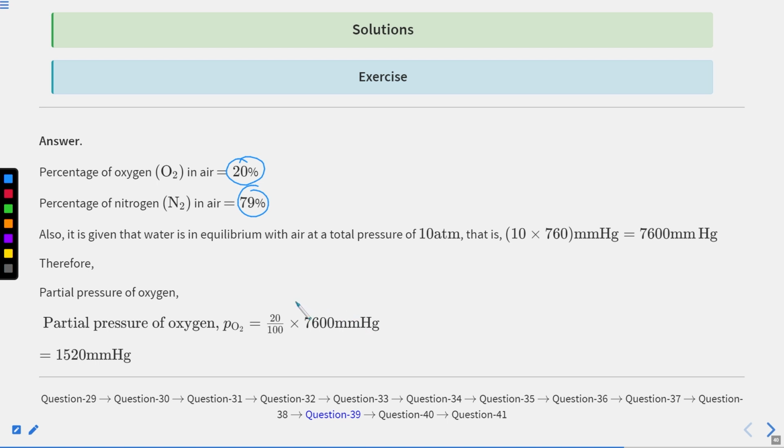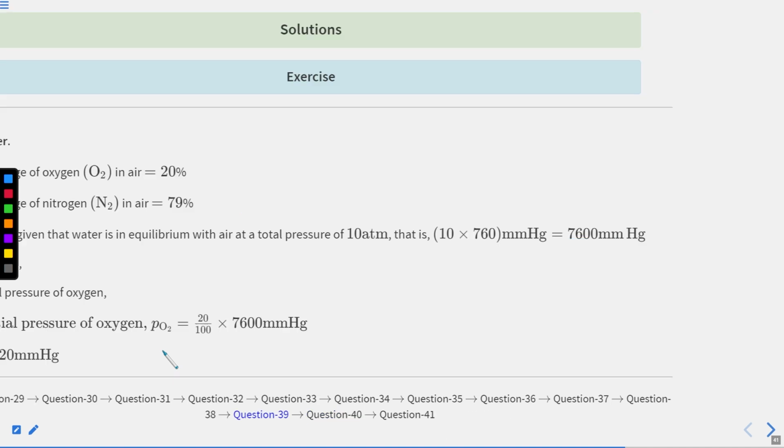So percentage of oxygen is this and percentage of nitrogen is this. First you will calculate the partial pressure of oxygen. If you are calculating in terms of mmHg, we will multiply this 10 atm by 760, that would give us 7600. Now partial pressure of oxygen will be 20 by 100 into 7600, that is mole fraction multiplied by total pressure, and here also.